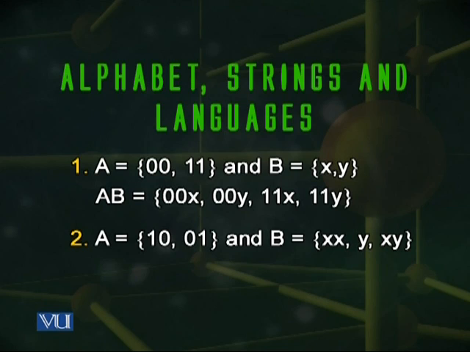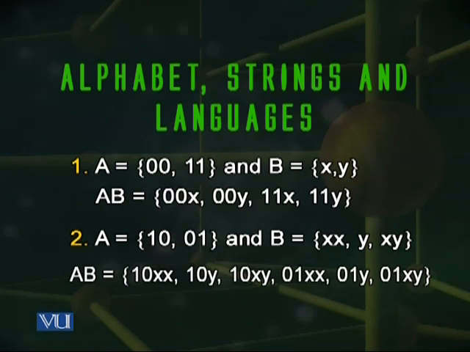There are 2 strings of length 2 and 1 string of length 1 in it. In this case, the set AB will be equal to 10XX, 10Y, 10XY, 01XX, 01Y, 01XY. Once again, you'll notice that I've taken every string in the set A and concatenated with every string in the set B to obtain AB.